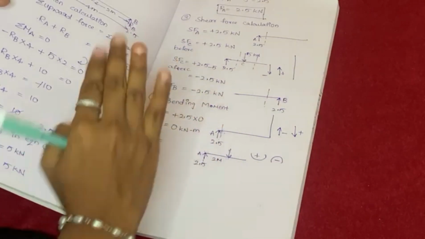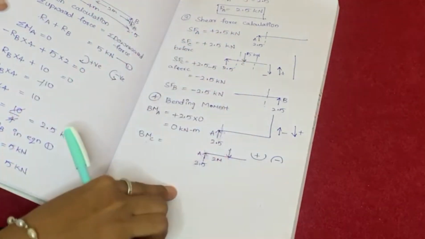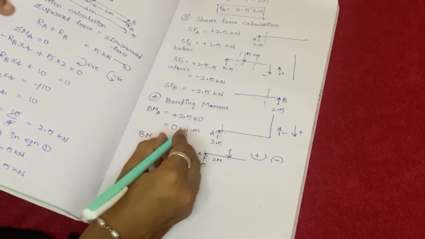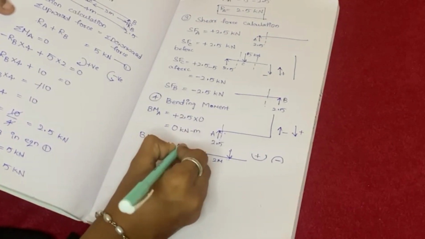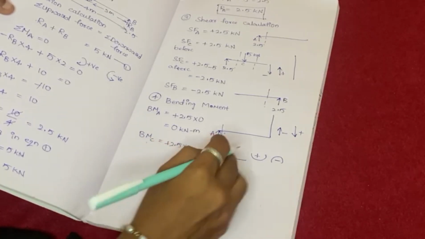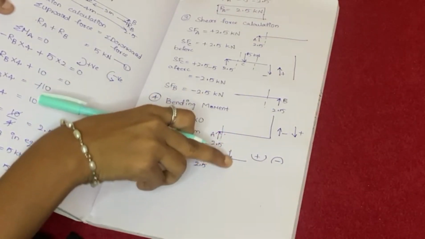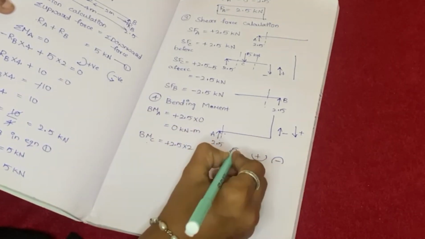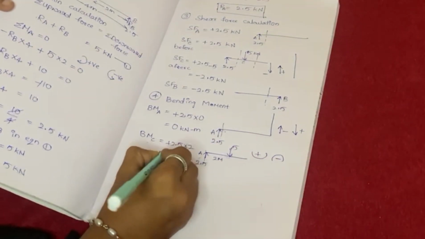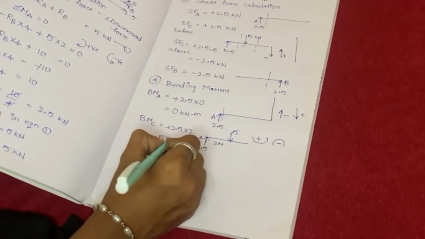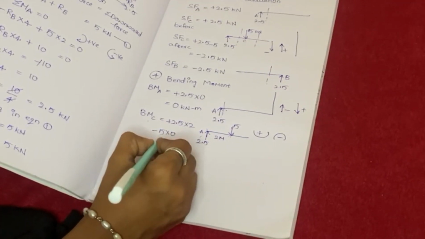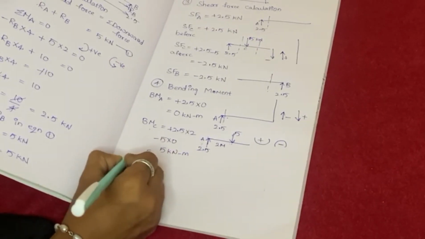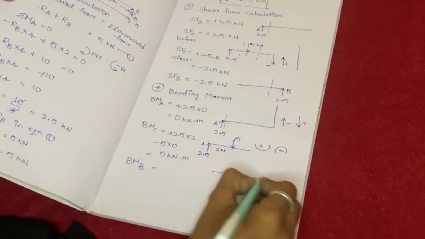See, the beam is like this, the load is acting upward, so it is sagging moment. Plus 2.5 into distance 2 meters. And again, the 5 kilonewton at C is acting downward: minus 5 into the distance at that point, which is 0. The result is 5 kilonewton meter.